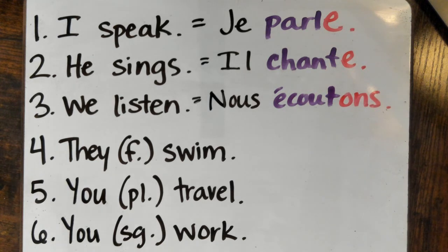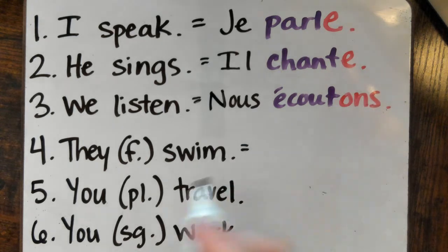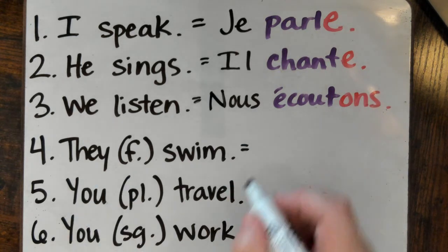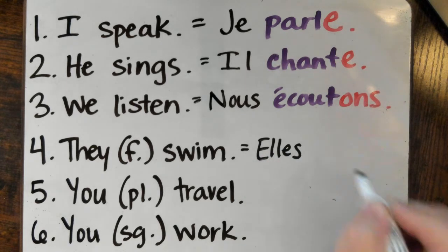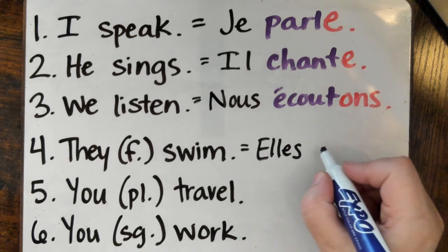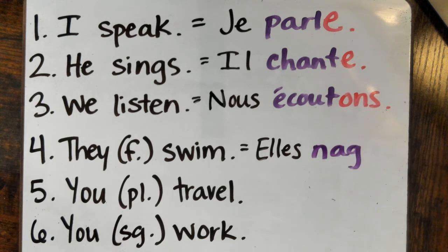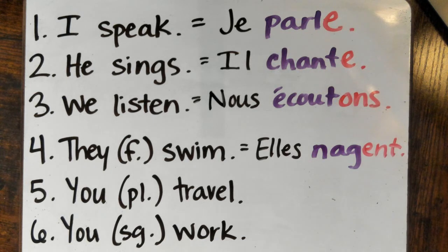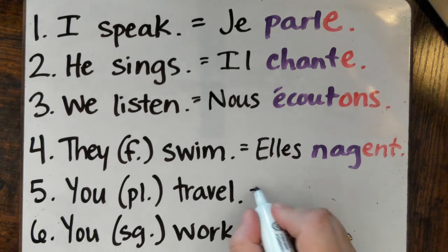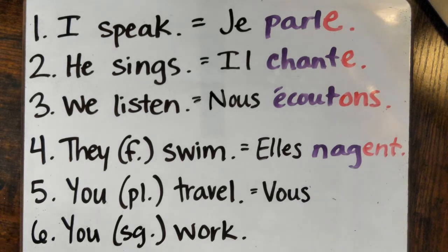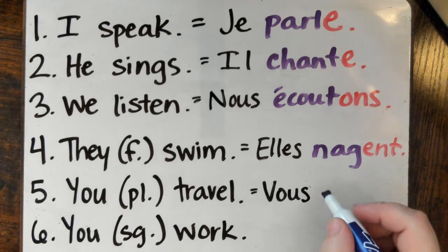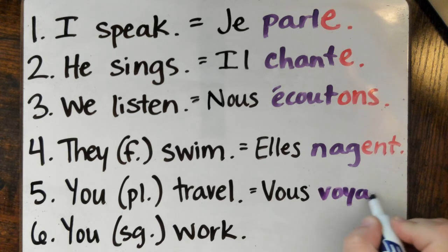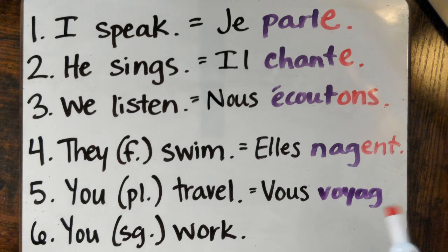Number 4, they swim. And here I put F, so they feminine means elles. To swim is nager, so my stem is N-A-G, and my ending is E-N-T. Number 5, you plural travel. You plural is vous. To travel is voyager, so my stem is V-O-Y-A-G, and my ending is E-Z.